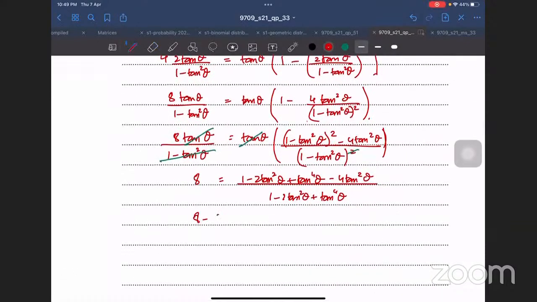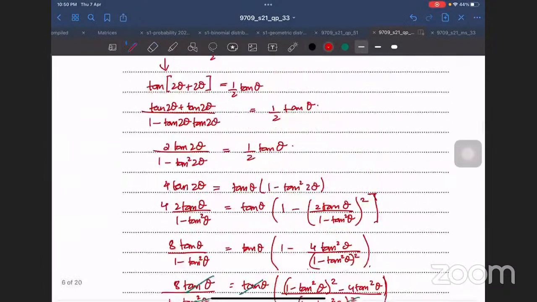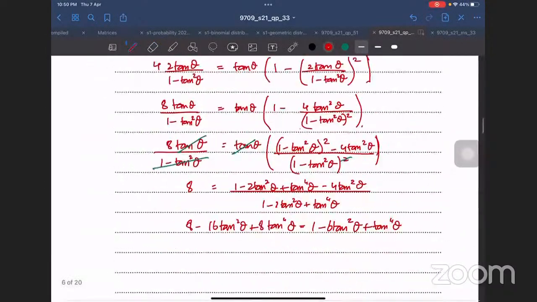Then I cross multiply: 8 minus 16 tan square theta plus 8 tan power 4 theta equals 1 minus 2 tan square theta, 1 minus 6 tan square theta, sorry, plus tan power 4 theta. Okay.